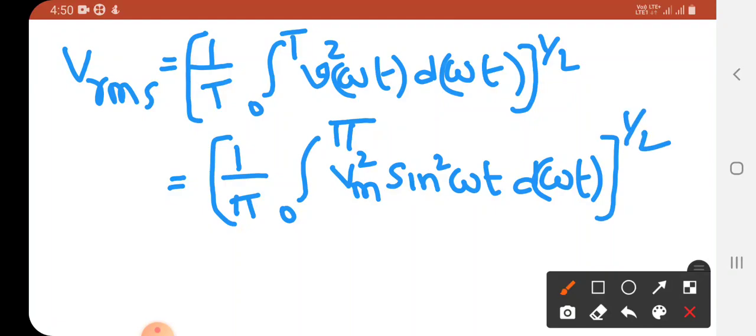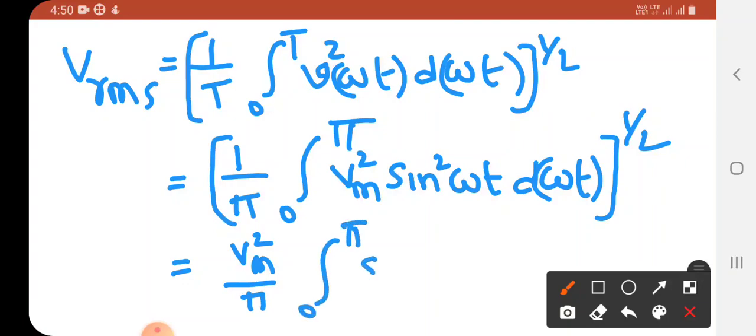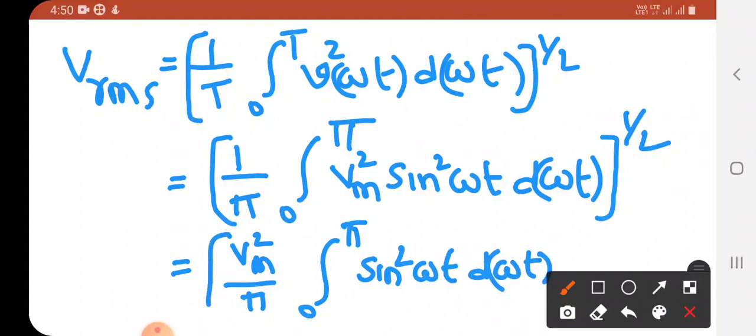So then here Vm square by pi integral 0 to pi sine square omega t d of omega t, whole power half.